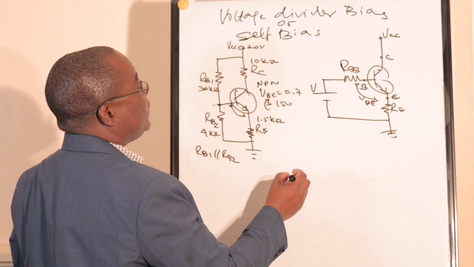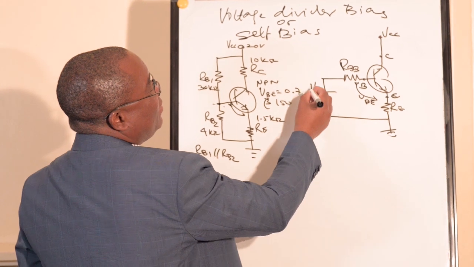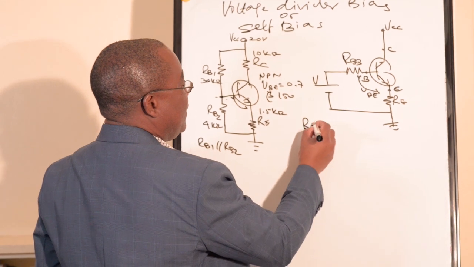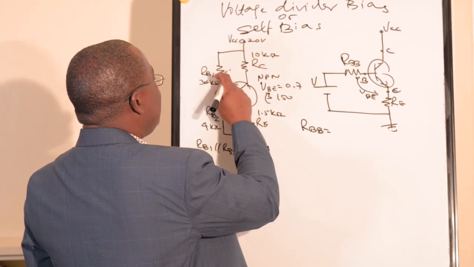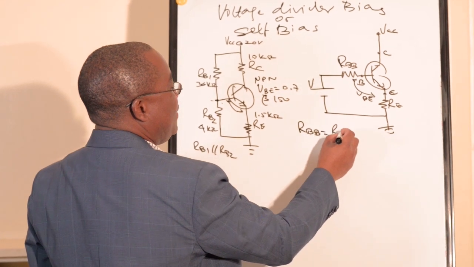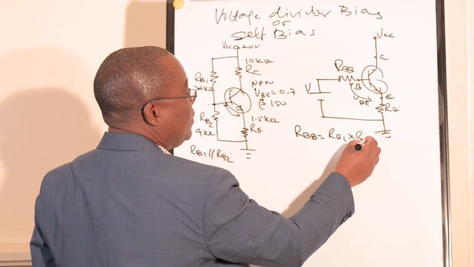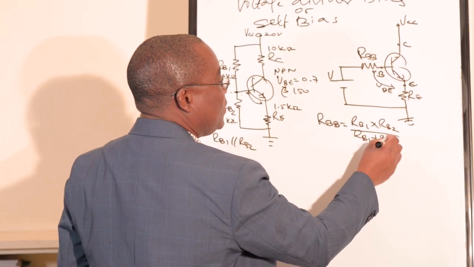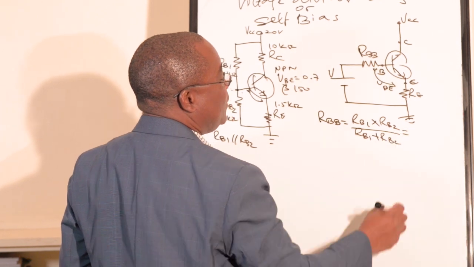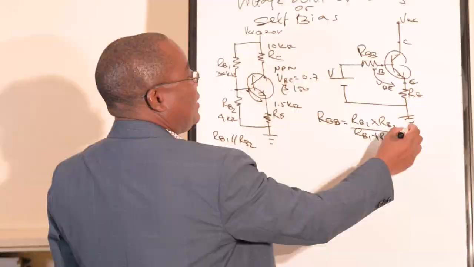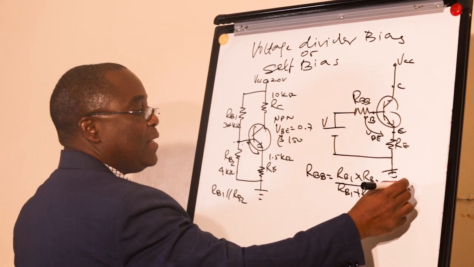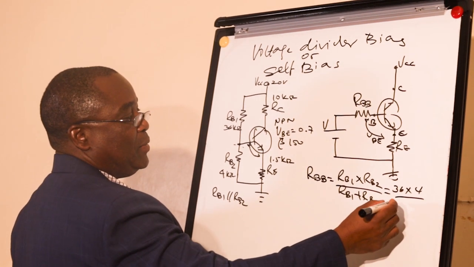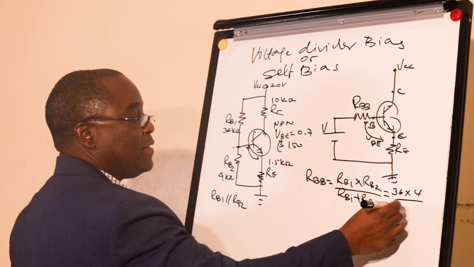So we have to find RBB and the Thevenin voltage. Our RBB is equal to, this is a parallel, so RB1 times RB2 over RB1 plus RB2. RB1 is 36 times RB2 is 4, over 36 plus 4.